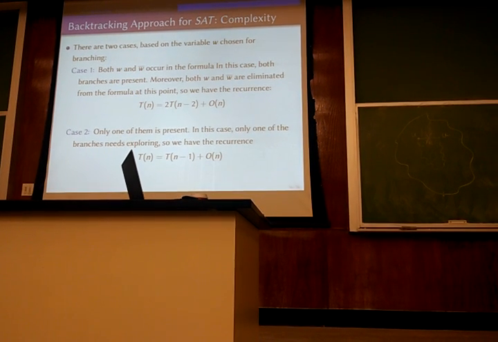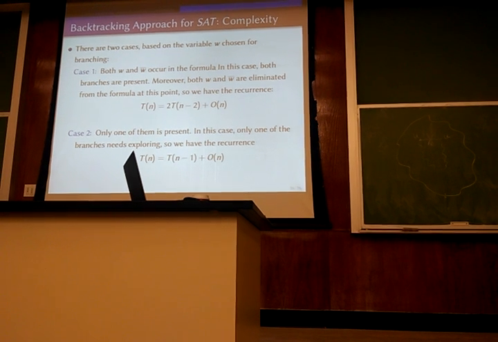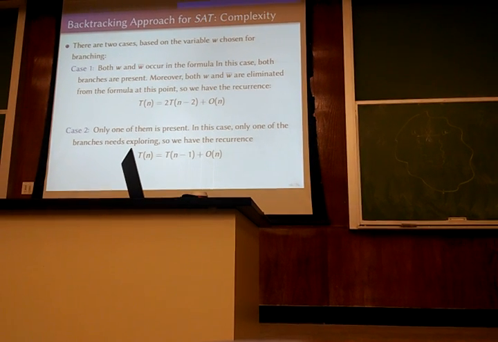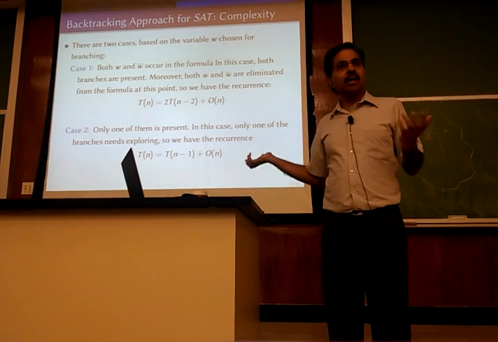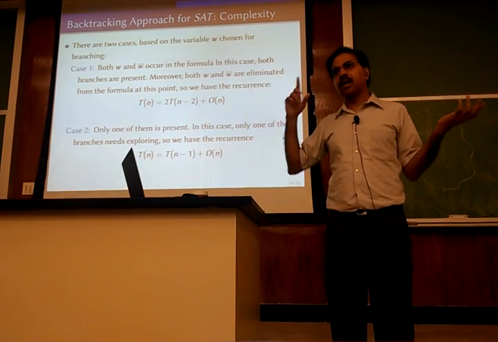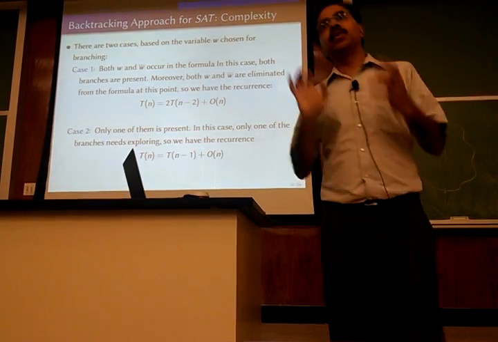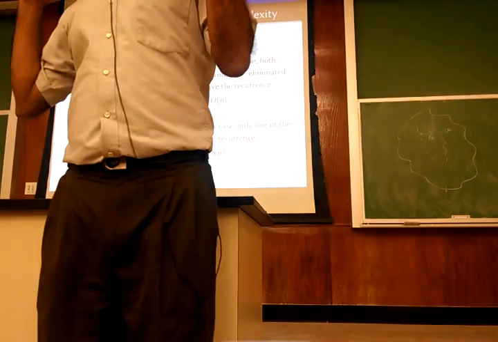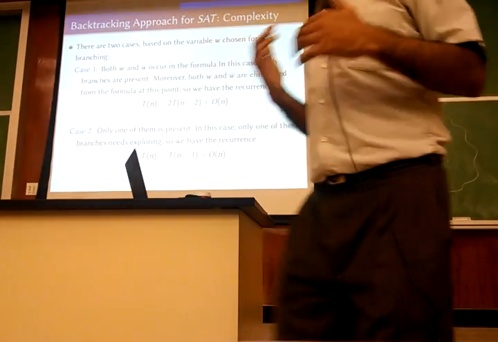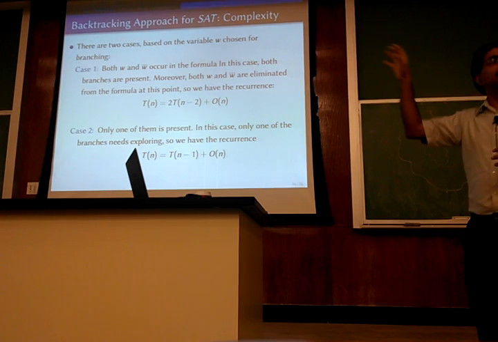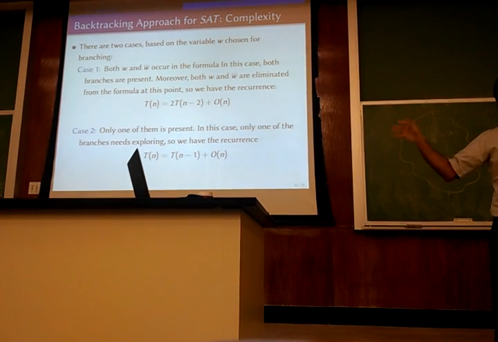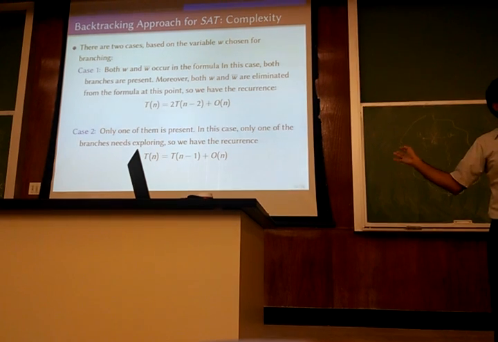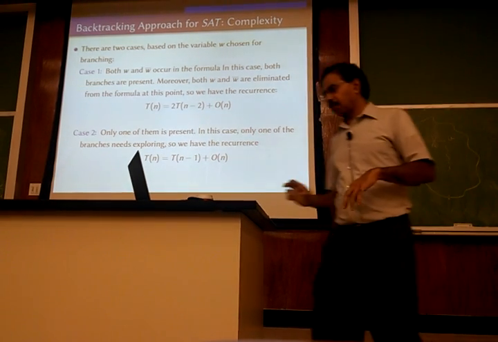If W bar never occurs, that means you can set W to true and go from there, because that's not going to make any clause false. The only way setting W to true can make the formula less likely to be satisfiable is if W bar occurs somewhere. Otherwise, if you make W true, it's not going to make the formula false.